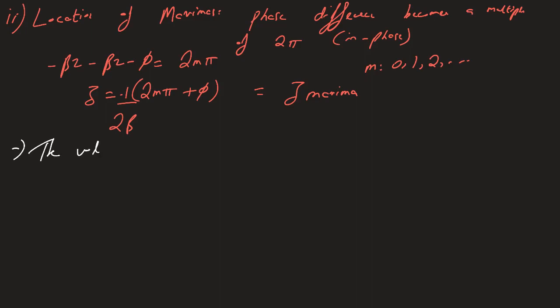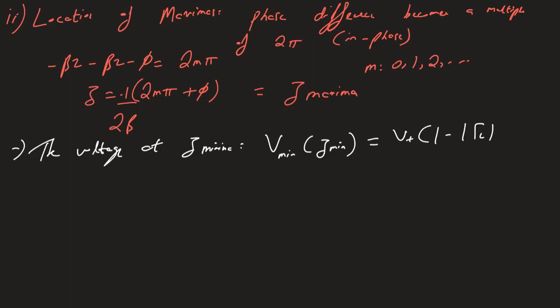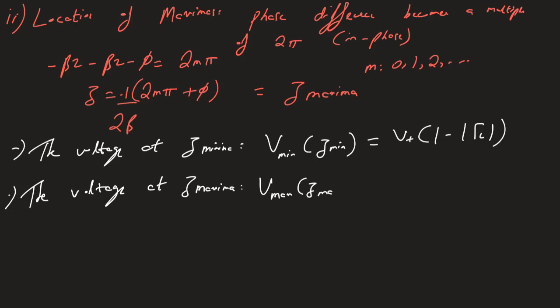So the voltage at z minimum, we'll call it V minimum, which occurs at z minimum, if you substitute this z back into the equation, you'll find that V minimum becomes equal to V plus times 1 minus the magnitude of gamma L. And the voltage at z maxima, which we'll call V max at z max, becomes equal to V plus times 1 plus mod gamma L, right?